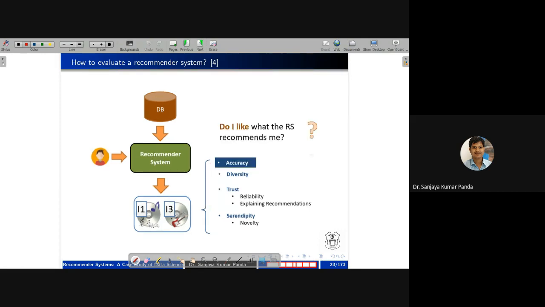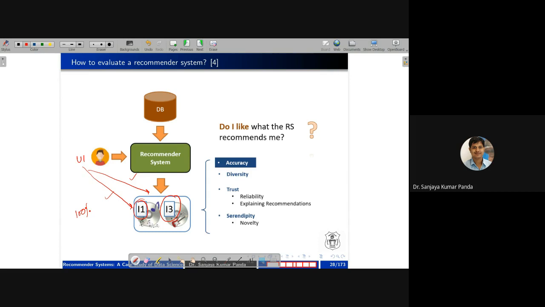Accuracy asks the question: do I like what the recommendation system recommends to me? Here you can see the recommendation system has suggested I1 and I3 to user number 1. If U1 actually likes both I1 and I3, then you can say the accuracy is 100%.